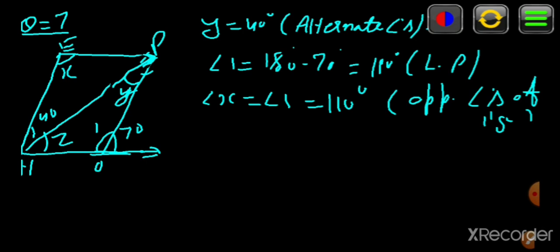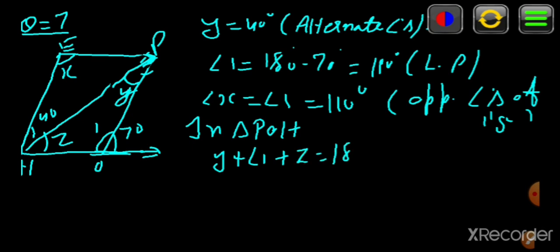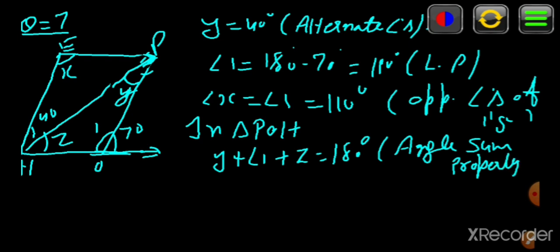Now you can use the property in triangle POH. Y plus angle 1 plus z is equals to 180 degree, angle sum property. Angle sum property of a triangle says sum of three angles of a triangle is 180 degree. Now put the values.